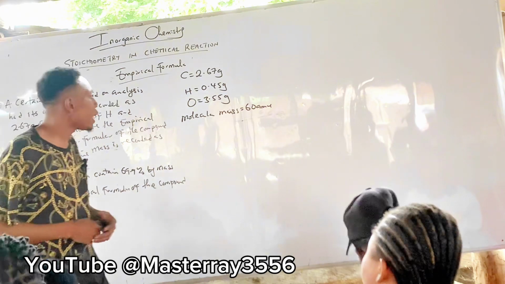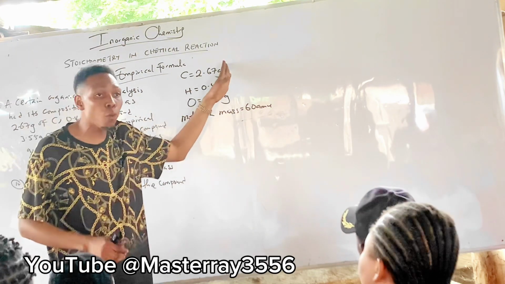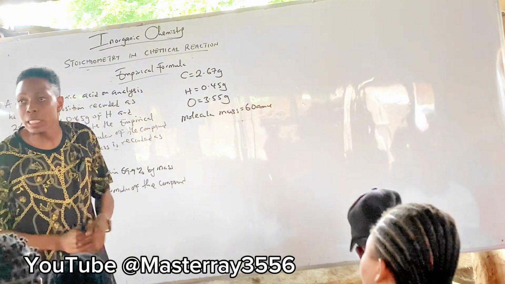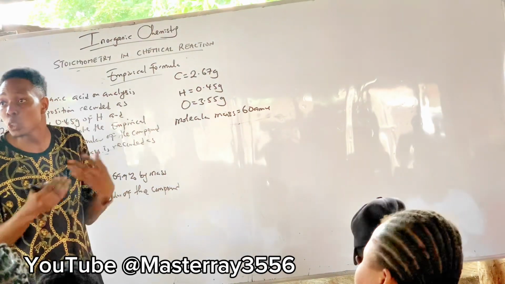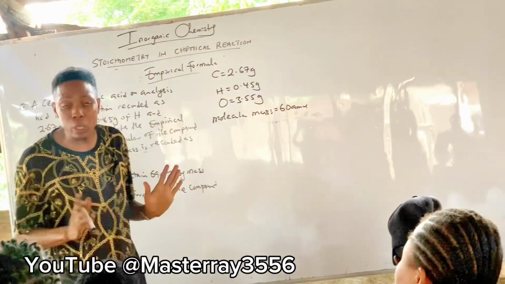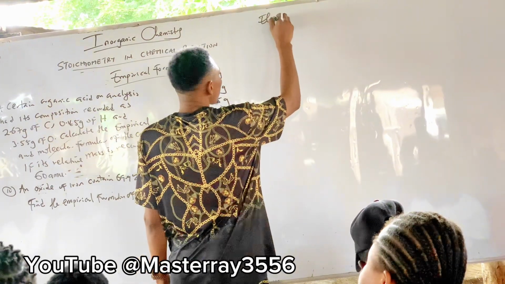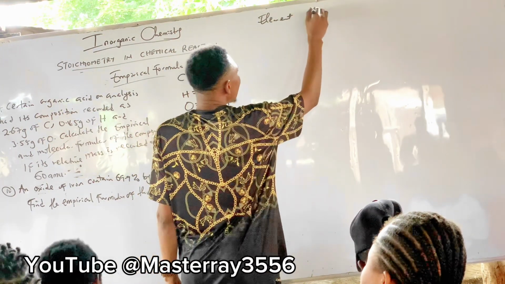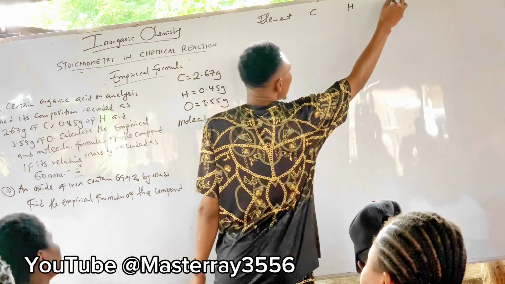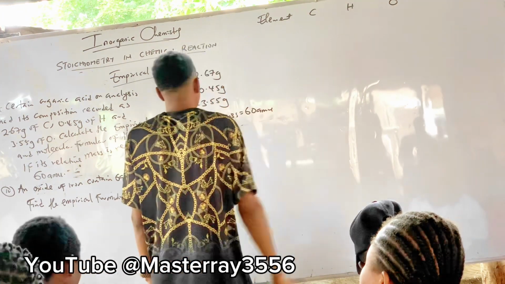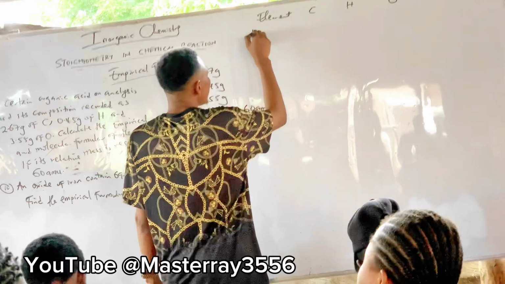All right. Now you can see this one was given in terms of grams, is it not? Do I need to add up anything? You just go ahead and calculate. So from here we have the elements: carbon, hydrogen and oxygen. Then after that we have the reacting masses.